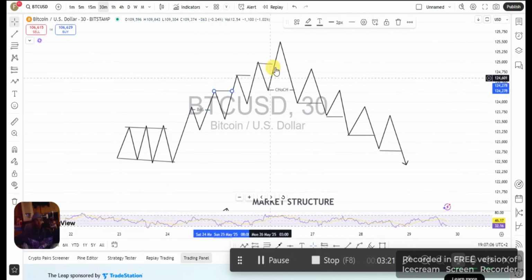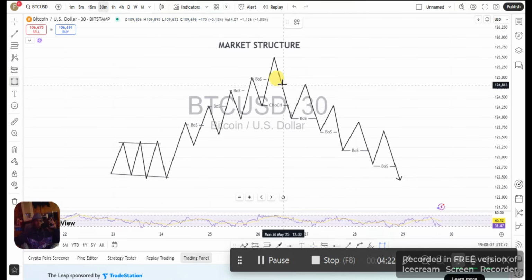And on every pair, any pair you can choose, this can be an order block.